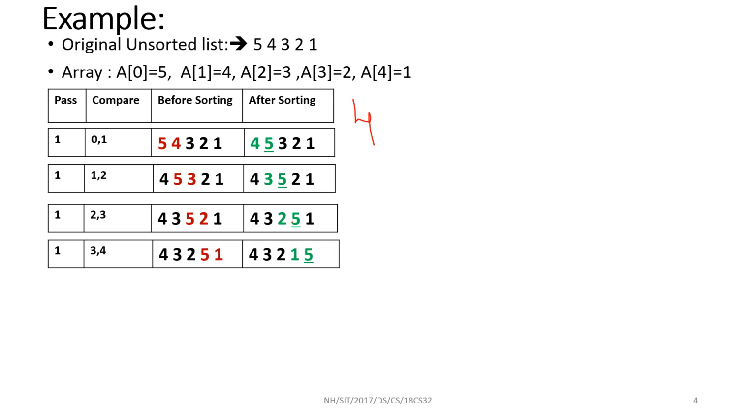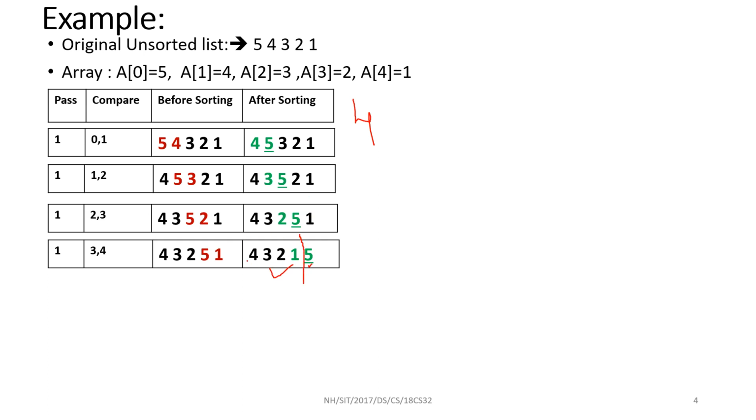The next comparison, 1 and 5 are compared. 5 is bigger, so 1 and 5 are interchanged. 5 will take the right position. So this completes 4 comparisons. We have now completed the first pass. As you can see, the list has got two parts: one is the sorted part, the other is the unsorted part.